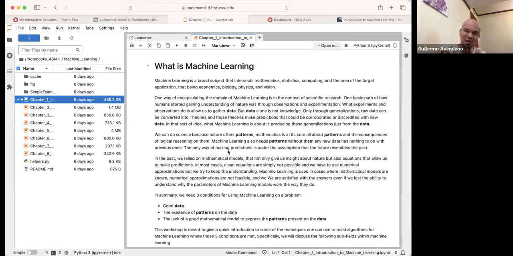Now, what we are doing in machine learning is a little bit of the opposite. We are allowing the computer to test models and start adjusting those models, the parameters of those models, based on data. So we give them data instead of giving the final equation.